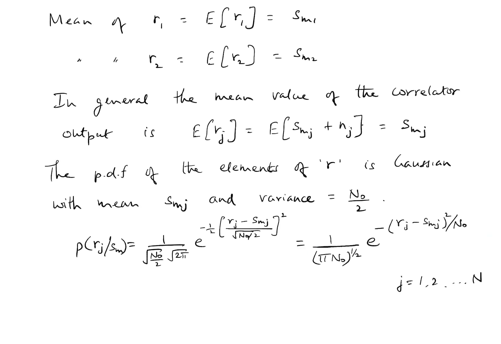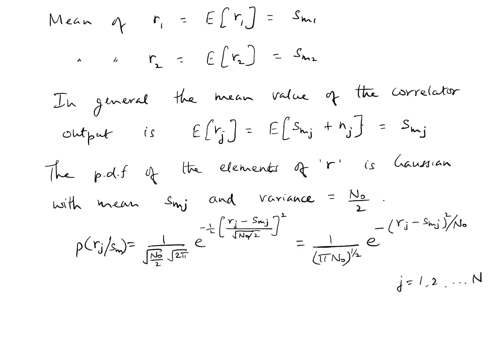So we can find the PDF of r1, r2, r3 up to rn. So this j index goes from 1 to n. To find the probability of r1 on the condition Sm, it will be r1 minus sm1 the whole square, right? For r2, it is r2 minus sm2 the whole square, and so on.